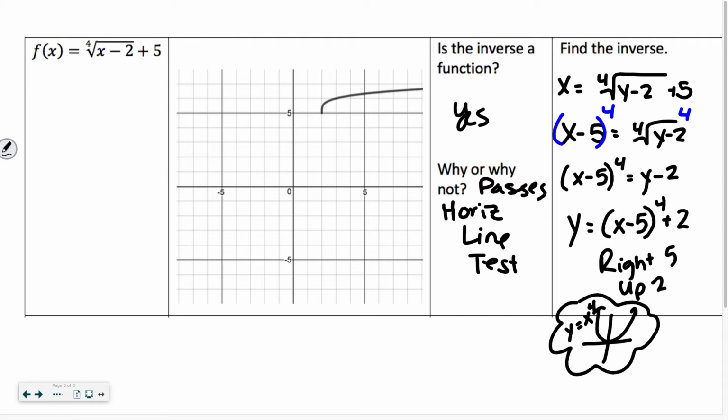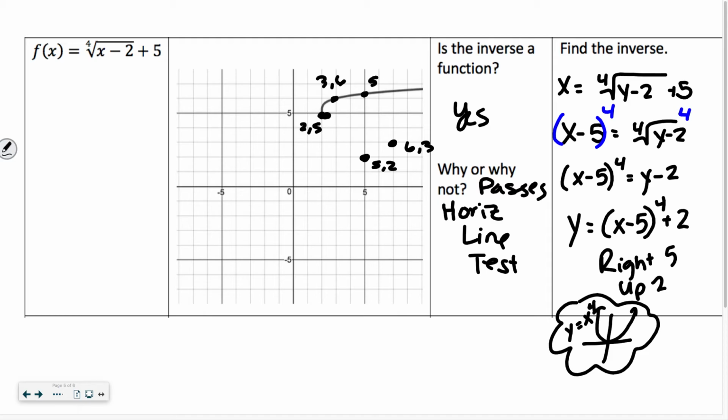No. Like if I pick points, and I say this point right here, this starting point, this is 2, 5, so 5, 2 is on my graph. If I pick this point right here, this is what, 3, 6, so 6, 3 is on my graph. I don't have another super nice point.